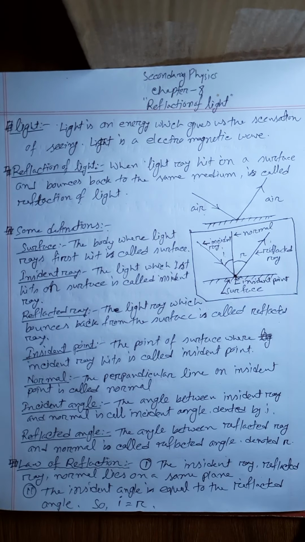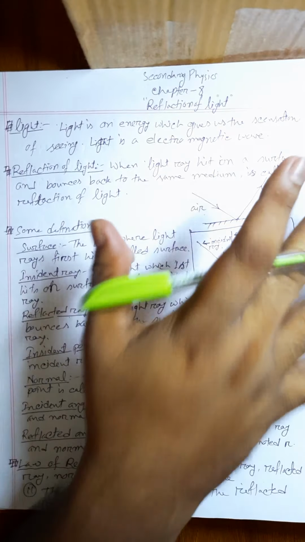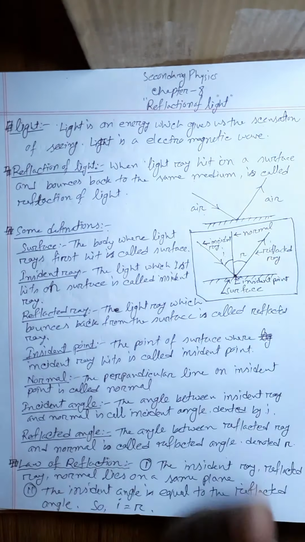That means we can set everything, the incident ray, reflected ray, normal, then surface, all of these things, on a single surface. I can set all of this on this paper like this. This is the surface, it lies on the same surface like that.